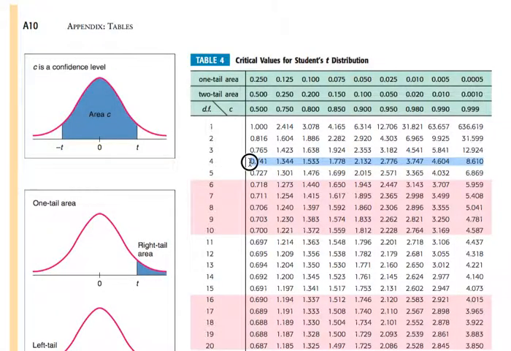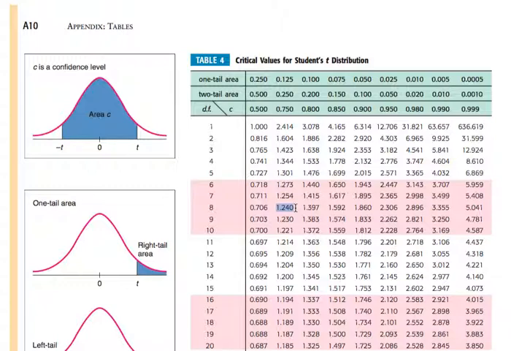We're looking at the row that's 8, and we're looking at the 75% confidence level. That's 1.240. So that's a little illustration of how we can use our t-table.